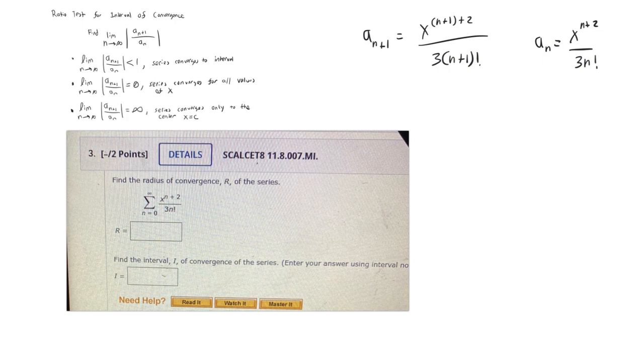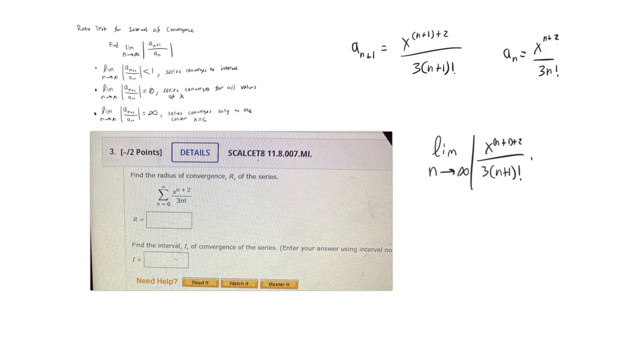So at this point, we can perform the ratio test, and that would be a matter of doing the limit as n approaches infinity of the a sub n plus 1 variation, all over 3 times n plus 1 factorial, and it's going to be that times the reciprocal of this.